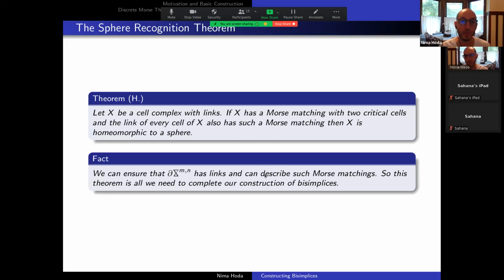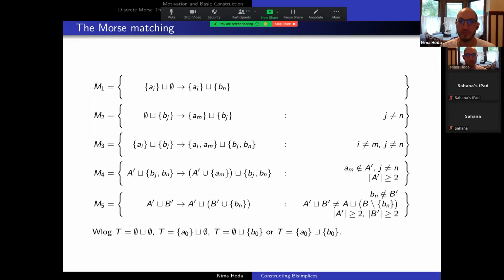And it turns out that we can, in fact, define such a Morse matching on the boundary of the bisimplex. And we can do it for all the links as well. So this theorem is all we need to complete our construction of bisimplices. So here's what the matching looks like. I'll just briefly show that for the curious, but we'll skip over that.